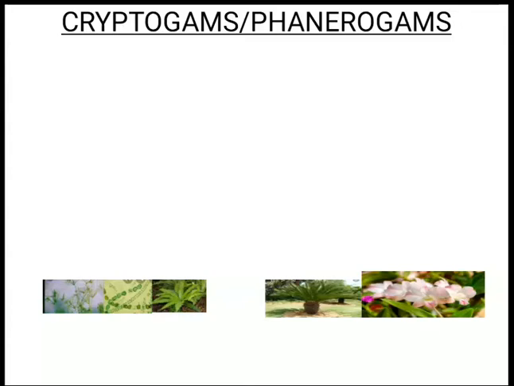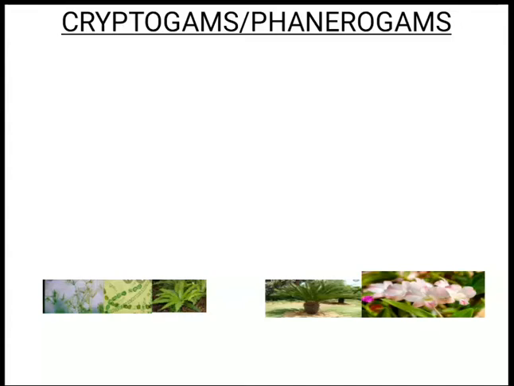Now we will be seeing the distinguishing table, which tries to differentiate the two broad categories, cryptogams and phanerogams. As told to you in the previous lecture, cryptogams include non-flowering plants and phanerogams include all flowering plants.